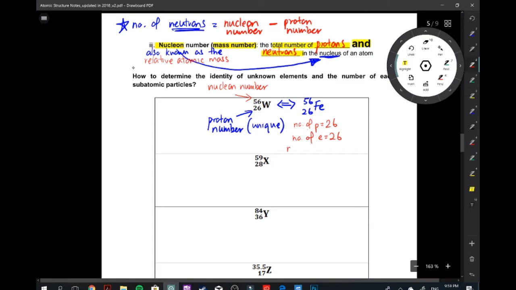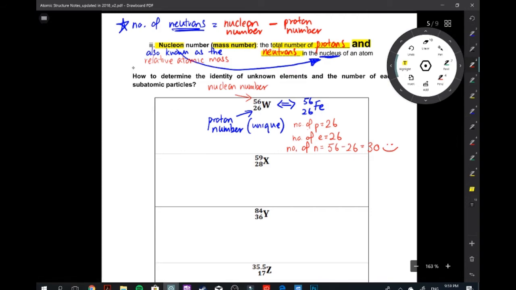Alright, the number of neutrons, you must be careful, is not 56. 56 is actually the nucleon number. Alright, and this includes both the proton as well as the neutron. So you have to do a subtraction. So the number of neutrons is actually equivalent to 56 minus 26, which is 30. Okay, there are 30 neutrons for this particular element.